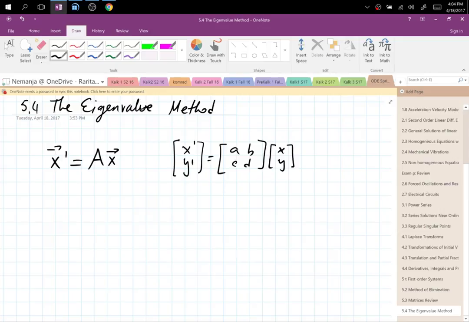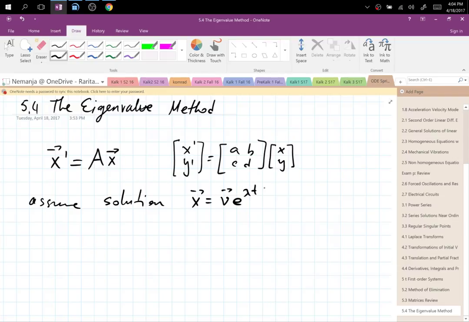So now what we are going to do is assume a solution of the form x is equal to some vector v times e to the lambda t. Lambda is a Greek letter, which is equivalent to our lowercase l in this case.